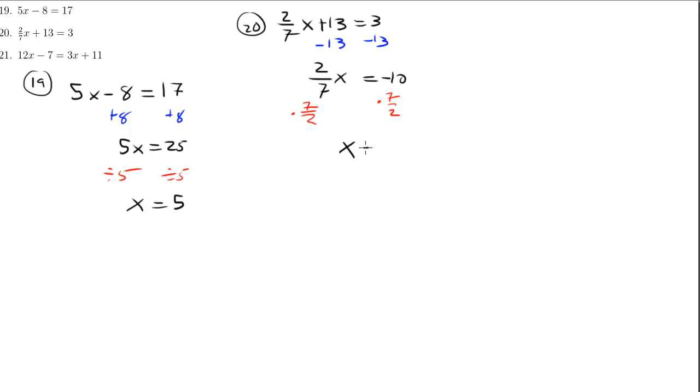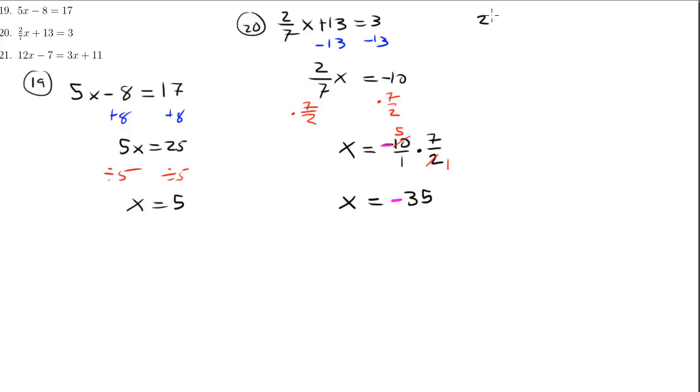So we'll have x is equal to negative 10, we'll write it over 1, times 7 over 2. 2 goes into 10 5 times. 7 times 5 is 35, and we can't forget that negative sign. So we better make this negative, a negative 35.